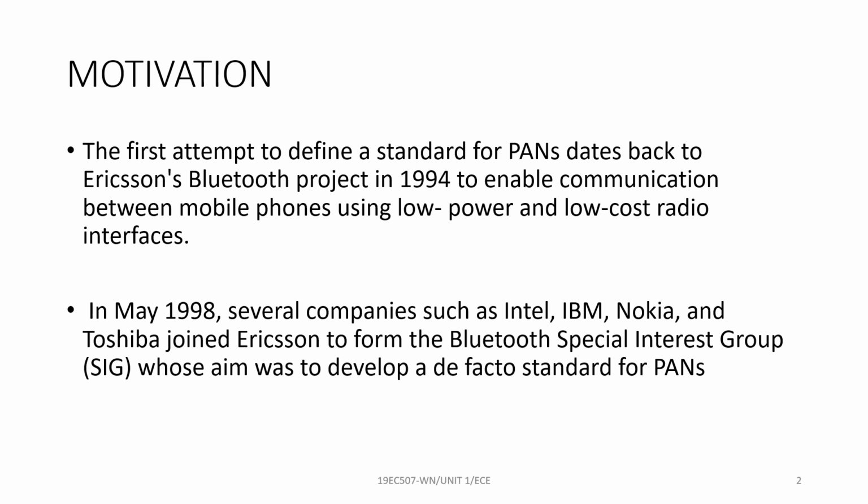This research on low power communication later led to the Bluetooth Special Interest Group, whose main aim was to propose a standard for personal area networks implementing a low power and low cost radio interface, and there came the birth of Bluetooth technology.